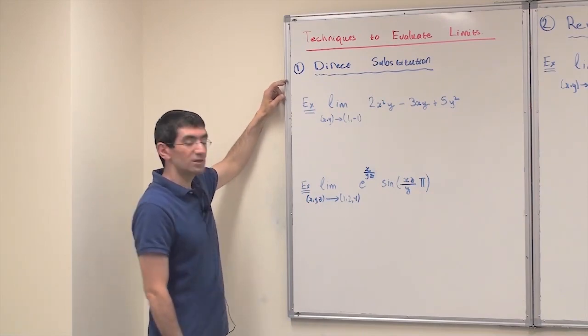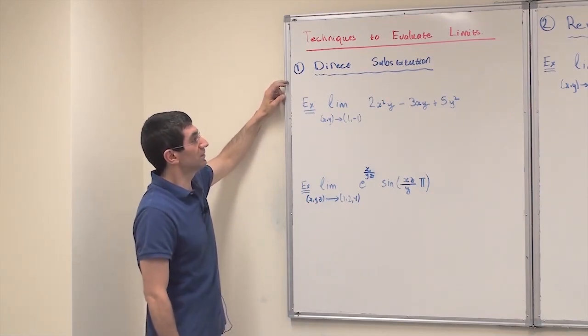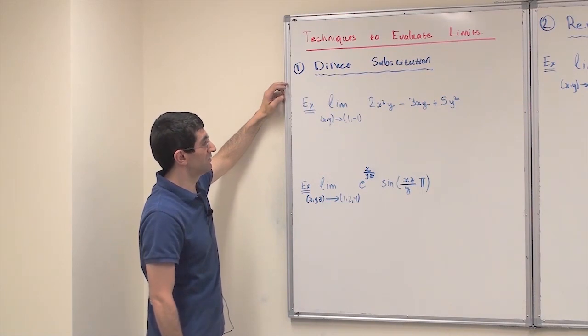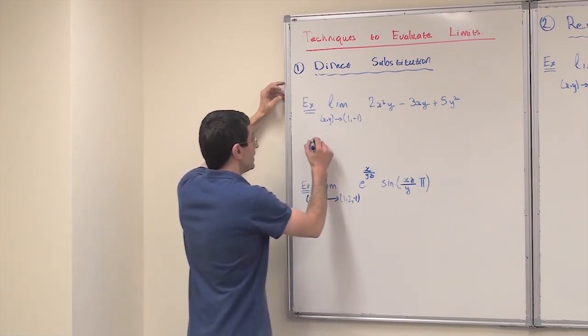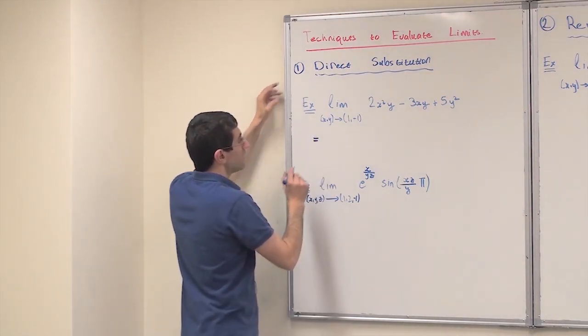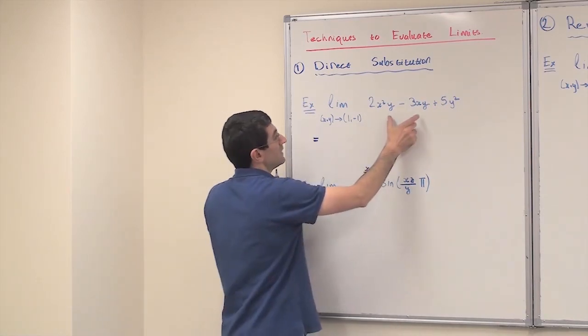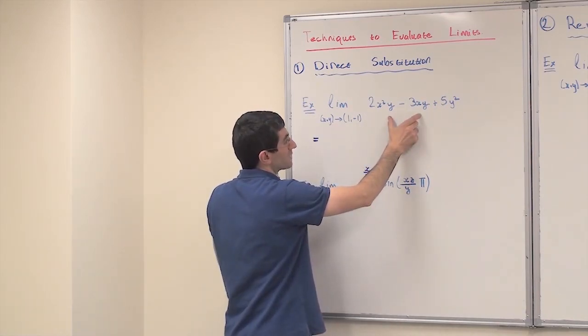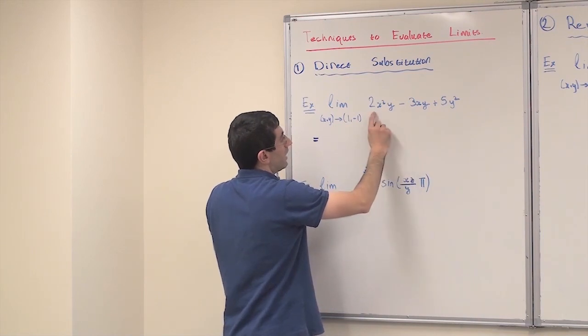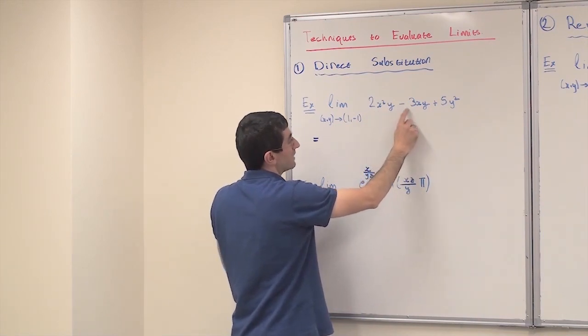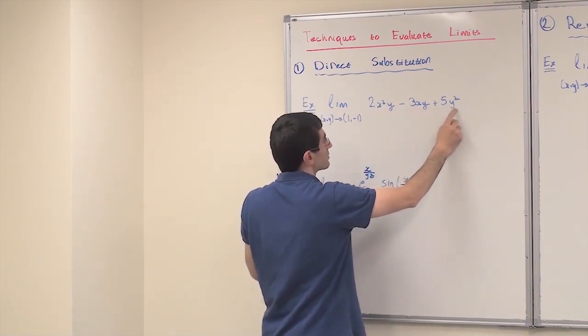Now, this technique also uses the properties of limits that we have just seen. In our first example, we'd like to calculate the limit of this two-variable function, which is a polynomial. Our function is 2x squared y minus 3xy plus y squared.